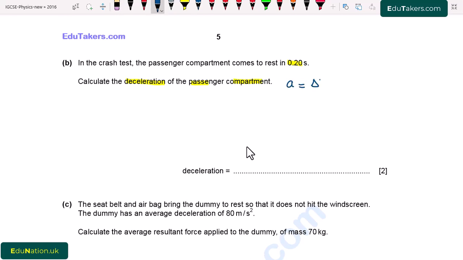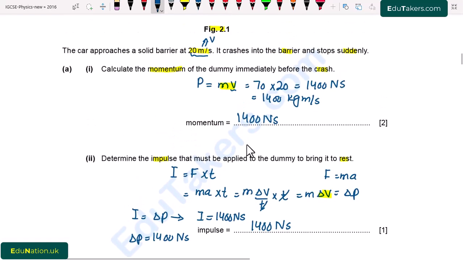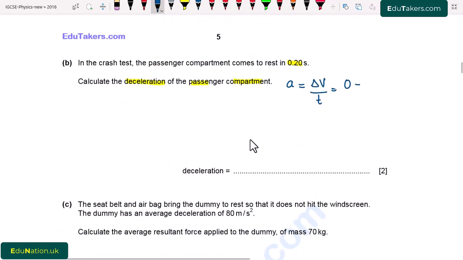Acceleration is equal to change in velocity over time. The final velocity is 0 minus the initial velocity, which is 20 meters per second, divided by the time, which is given as 0.20 seconds. So it will be minus 20 over 0.20.